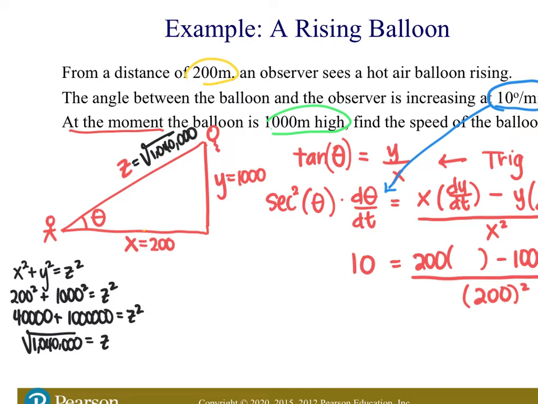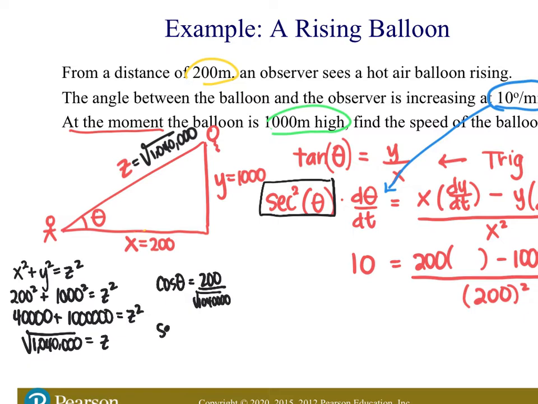How can we find secant squared from that? Well, remember, secant is the reciprocal of cosine. And what would cosine be in this picture? Cosine of theta is SOHCAHTOA, it's adjacent over hypotenuse.